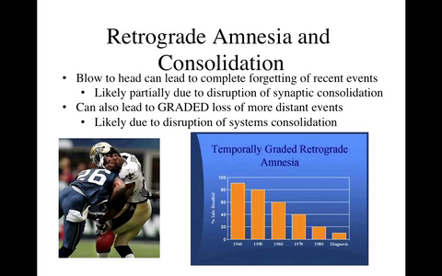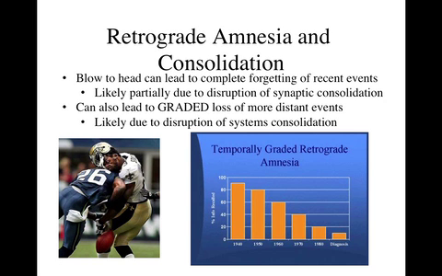The evidence for that comes from cases where this kind of process can be disturbed. For instance, if somebody sustains a head injury, what you'll see is temporally graded retrograde amnesia. The closer one gets to the point of injury, the less memory that person will have of events that took place beforehand.